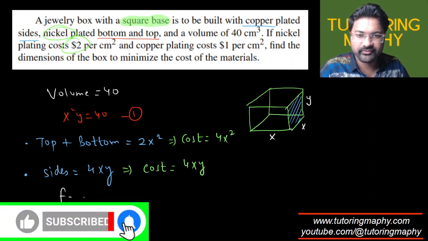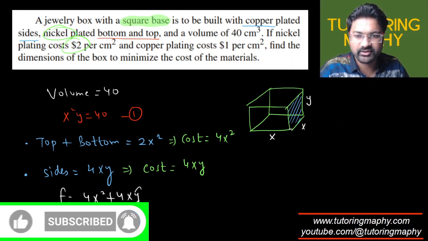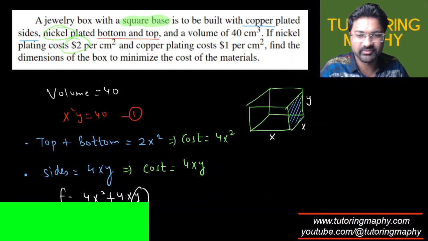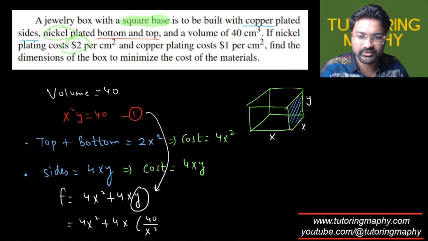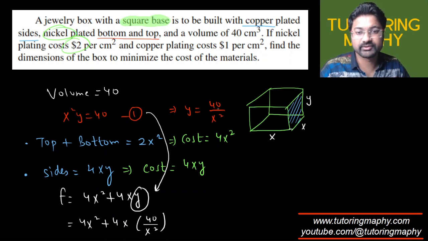So the optimization function is 4x squared plus 4xy. And obviously I don't want this y with me, so I'm going to use equation number 1 and replace this y over here. So it's going to look like 4x squared plus 4x times 40 over x squared, because from here y is 40 over x squared.